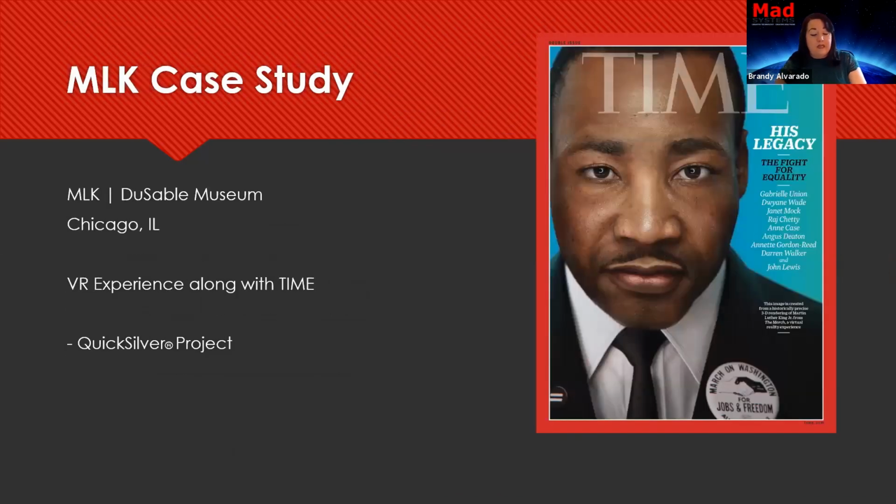In this last case study I want to show you is the Time MLK project we did at the Disabled Museum in Chicago. Time magazine created a VR experience that literally puts you into the famous march. MAD's contribution with QuickSilver was the spatial audio portion of this experience, making various characters in the march come alive and speak from various places within the march.